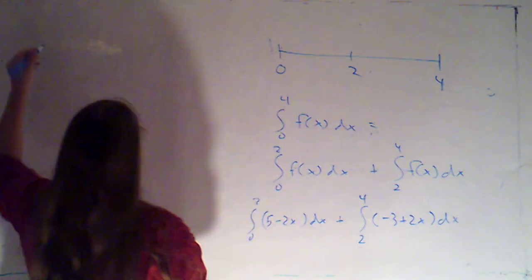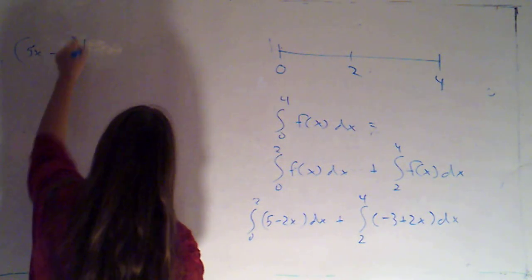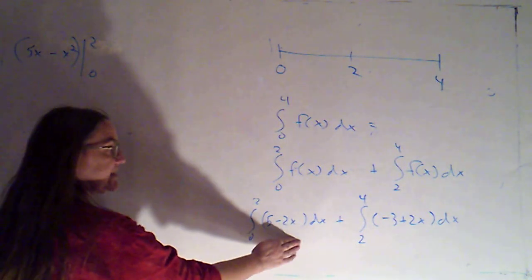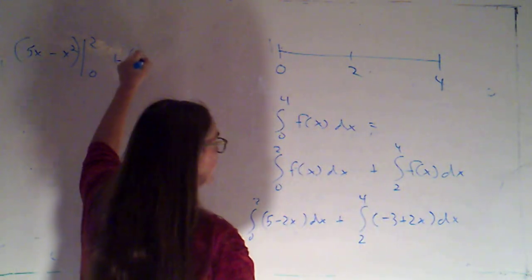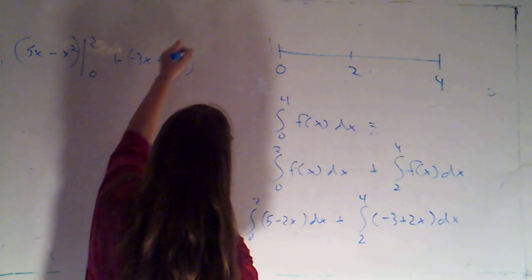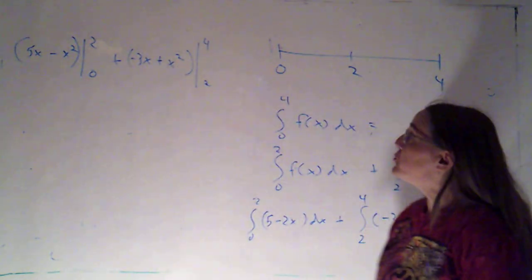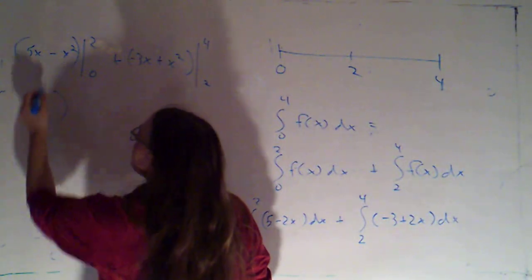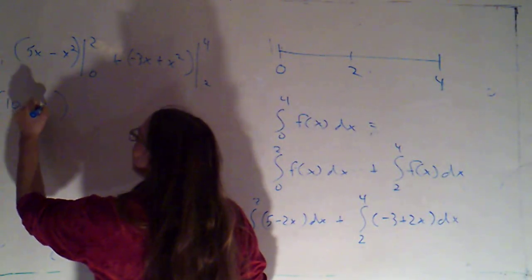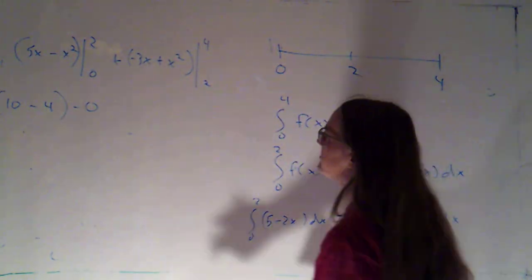Okay, so I'm going to get 5x minus x squared, and that's evaluated between 2 and 0. Plus here, I'm going to get negative 3x plus x squared, and that's evaluated between 4 and 2. So when I plug in 2, I'm going to get 10 minus 4, minus, when I plug in 0, I just get 0.